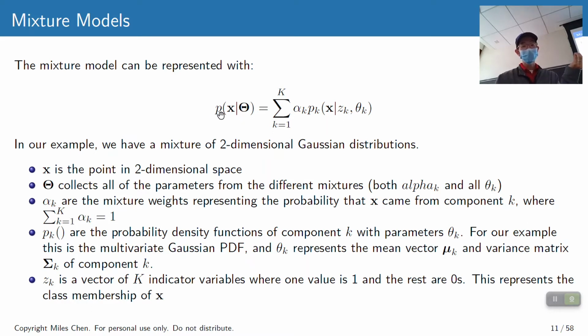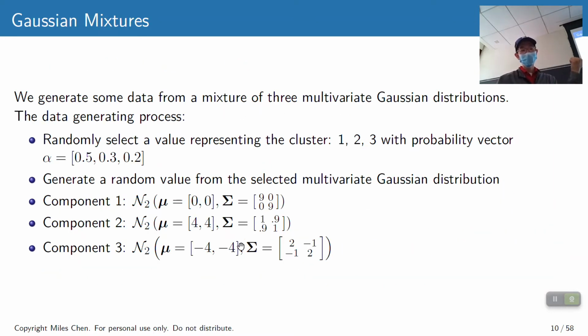So we're asking, what is the probability of some point x, a point in 2-dimensional space, given the parameters theta. Theta consists of all of the parameters that we need: alpha, the 3 mu's, and the 3 sigmas.